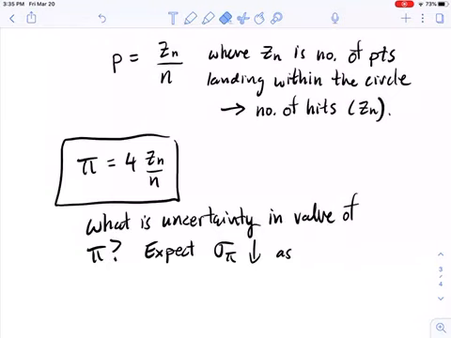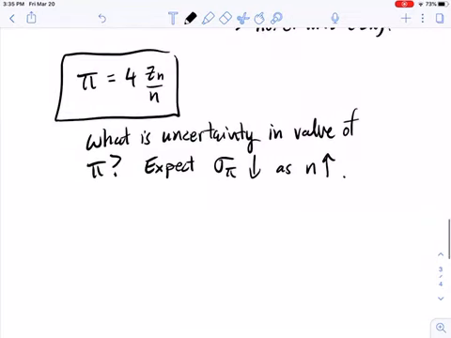And so let's see if we can work that out. So we're going to have to recall the binomial distribution.